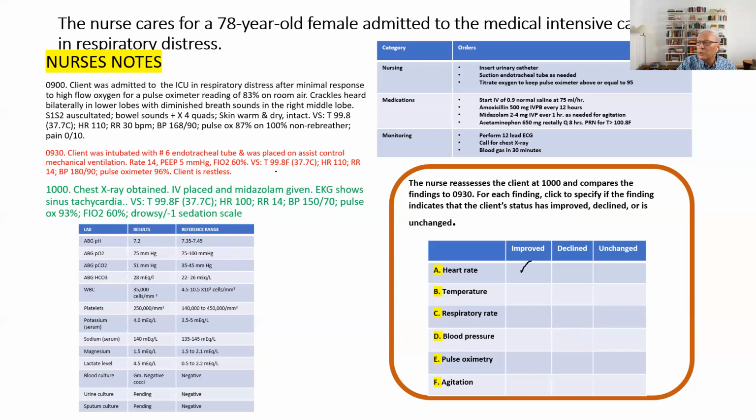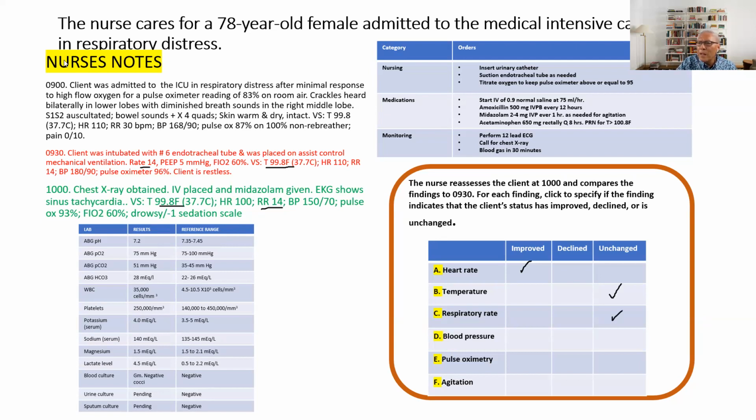The temperature before was 99.8, and now it's 99.8. So I don't think there is any doubt that this is unchanged. Okay. And how about the respiratory rate? The respiratory rate was 14, and now the respiratory rate is 14. So again, it is unchanged.